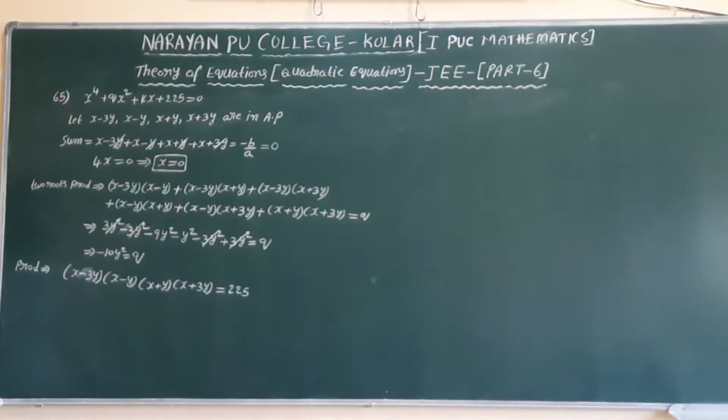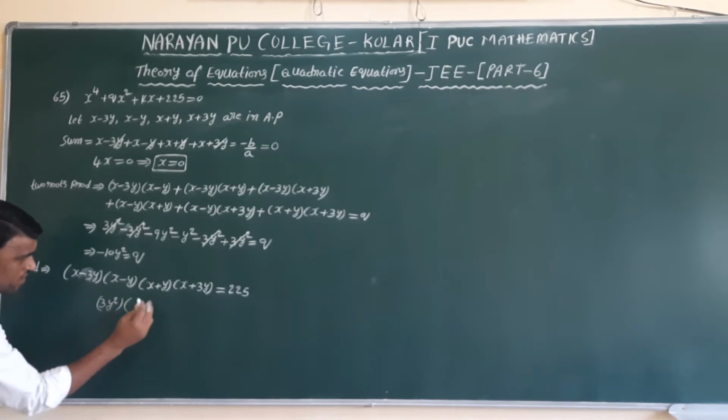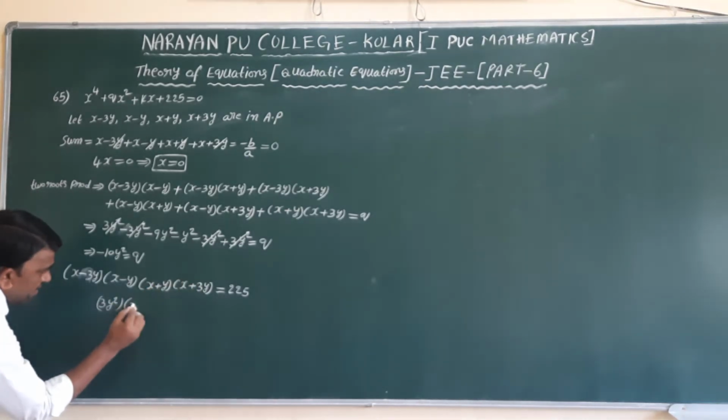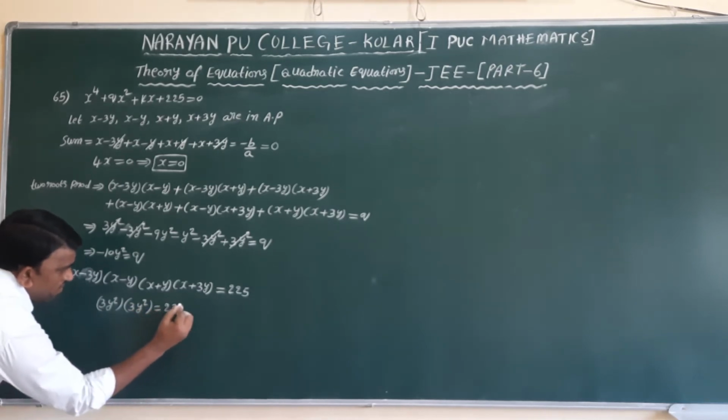The product of all four roots is the constant divided by a, which gives 225. Here x value is 0, we know it. So minus 3y into minus y is 3y square, y into 3y is 3y square, and the product is equal to 225.